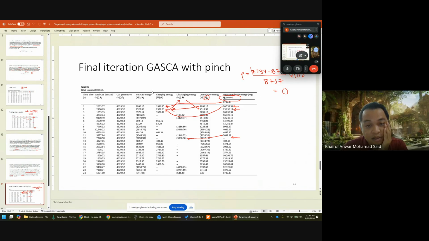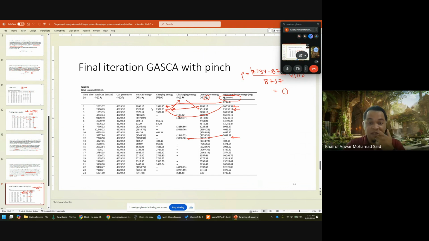Next we need to calculate NT. So to calculate NT, you use equation 4, GT minus LT, over time 1 to time 24. Next is to calculate CT and DT.